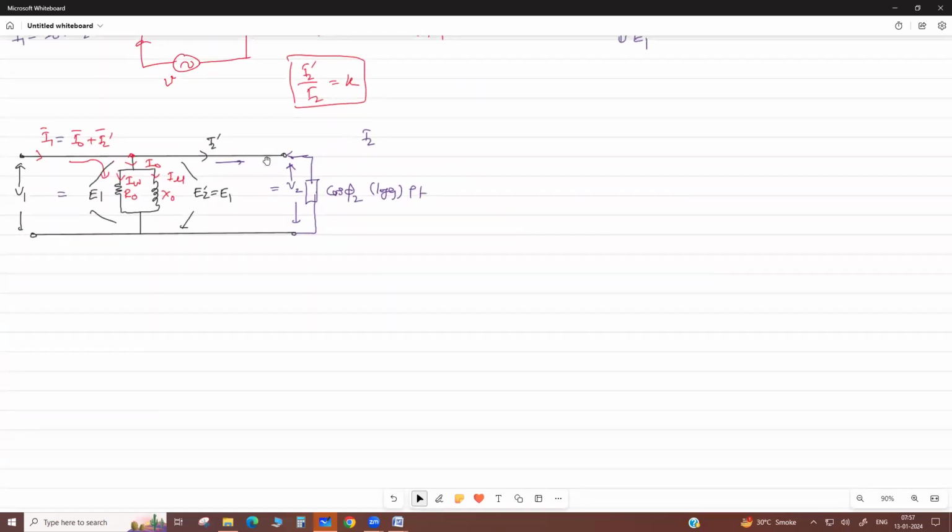Now we draw the vector diagram in this case. Please refer to this circuit. Suppose this is your applied voltage along the horizontal axis. When you apply the voltage, the I naught current flows at no load.